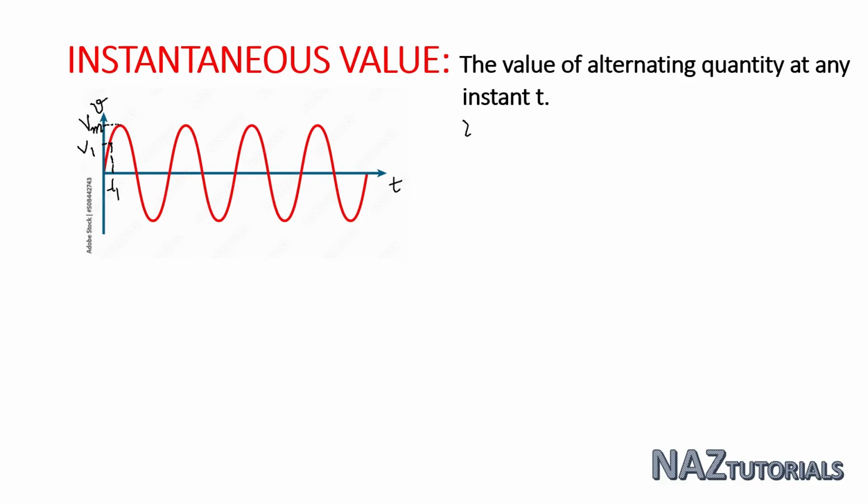This voltage waveform can be defined as Vm sin ωt at any instant t. At t equals t1, the voltage is equal to V1. So this V1 is the instantaneous value of this particular sinusoidal waveform. That means the value of an alternating quantity at any instant t is defined as the instantaneous value.